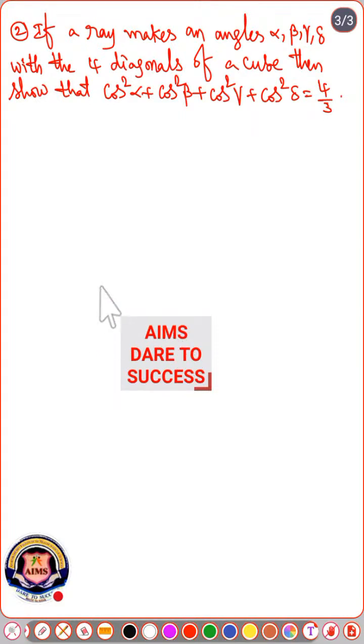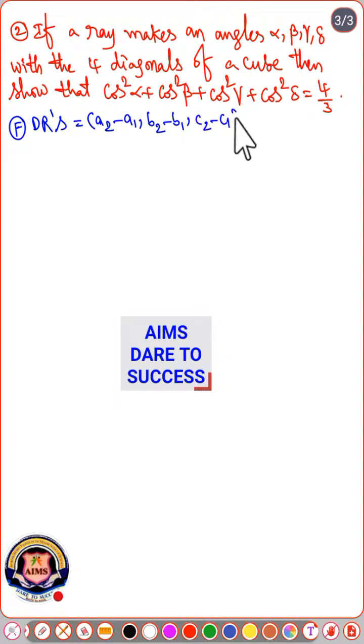That is the given question. So next, formulas for this question, same formulas from the previous question. Direction ratios are A2 minus A1 comma B2 minus B1 comma C2 minus C1.